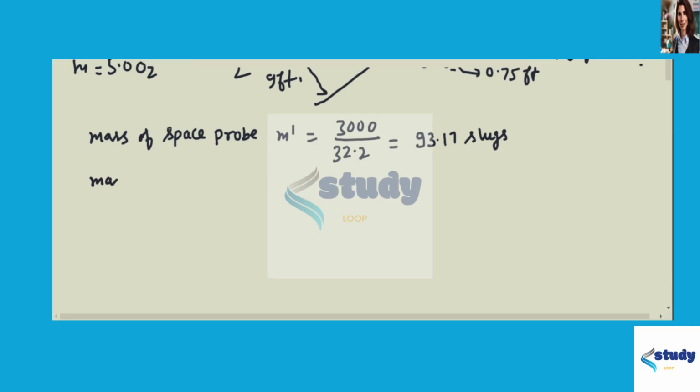Mass of meteorite m is 5 ounces upon 16 into 32.2. So it would be 0.009705 slugs.